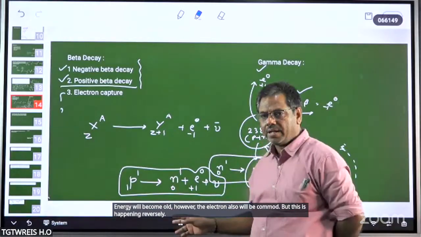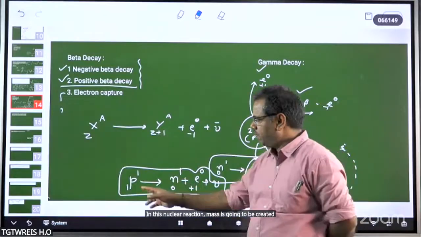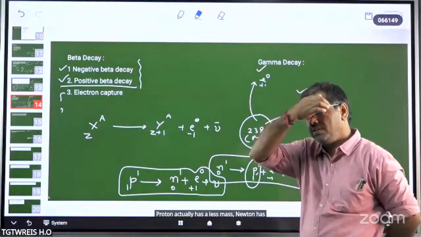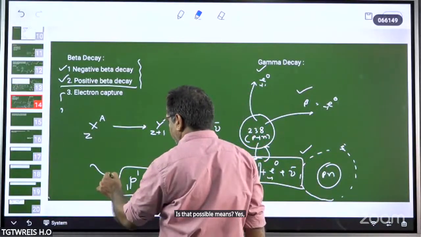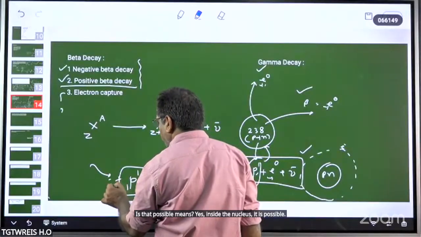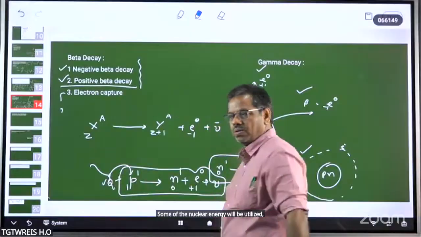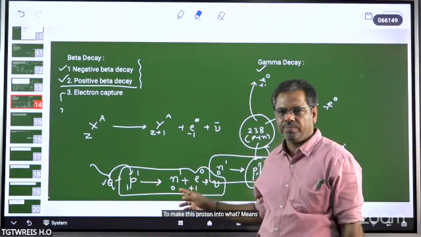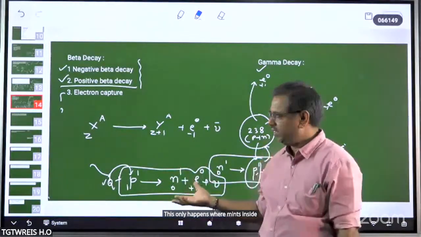In this nuclear reaction, mass is going to be created. The proton has less mass, the neutron has more mass. Is that possible? Yes, inside the nucleus it is possible. Some of the nuclear energy will be utilized to make this proton into a neutron. This happens only inside the nucleus.